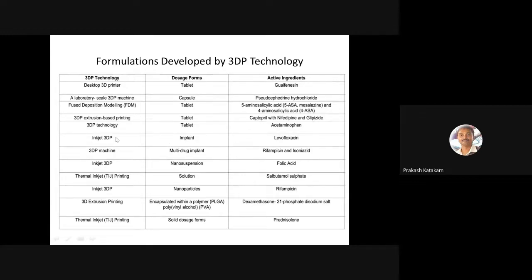They used an inkjet printer here. Then a thermal inkjet printer is also used. The dosage form is a solution. Salbutamol sulfate was the drug. And nanoparticles of rifampicin. Rifampicin is an anti-TB drug. So they used an inkjet printer to make nanoparticles. So the dosage form could be anything, not necessarily a tablet itself. It could be a capsule, tablet, or nanoparticle, anything.